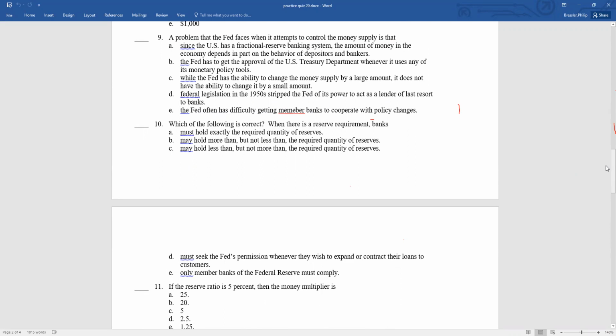Okay, so here's the problem with the money supply. The Fed could buy bonds and put money into the banks, because the banks now have extra cash, but the banks don't have to lend it out. So that's part of the behavior of the bankers. Also, if the bankers lend it out, customers could hold on to it and not put it in their banks, and not let the multiplier work.